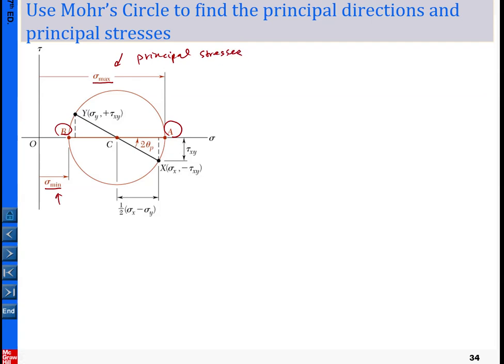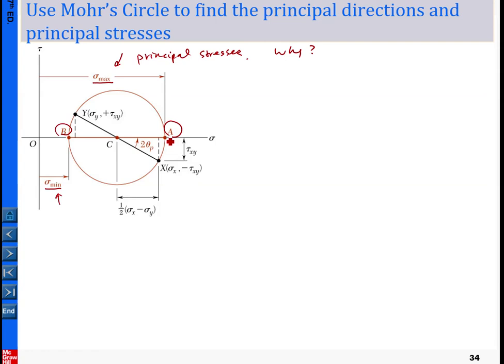And the reason, I'm going to ask you why. If you remember our definition of the principal stresses, we define them as happening in the directions where there is no shear stress. So the principal directions are defined as having no shear stress.